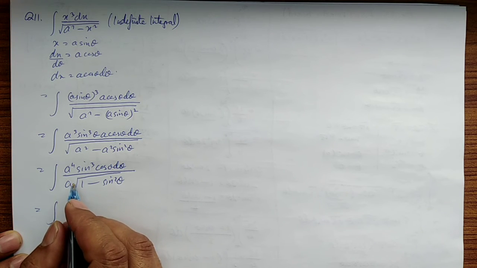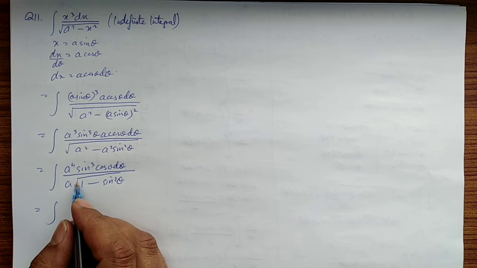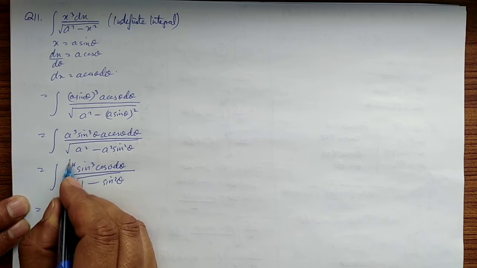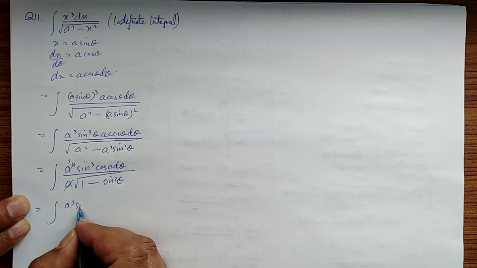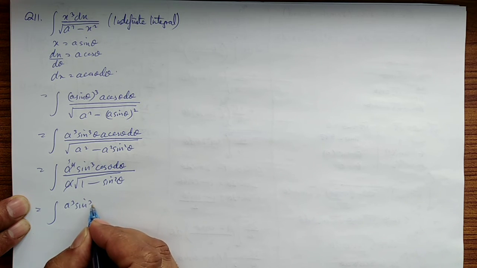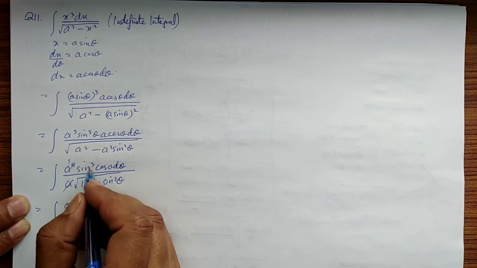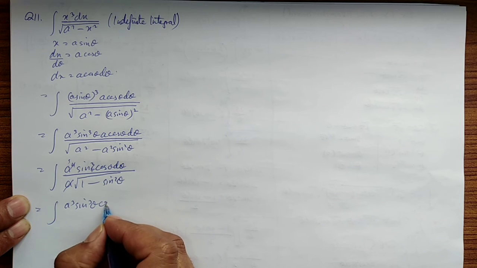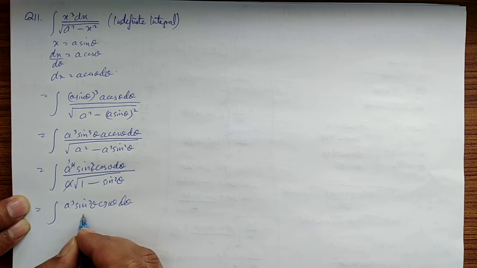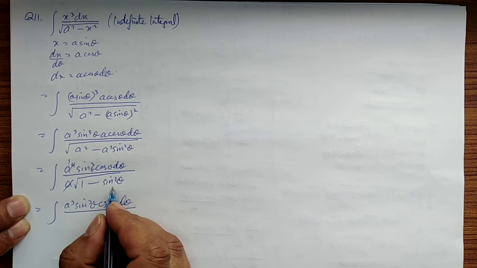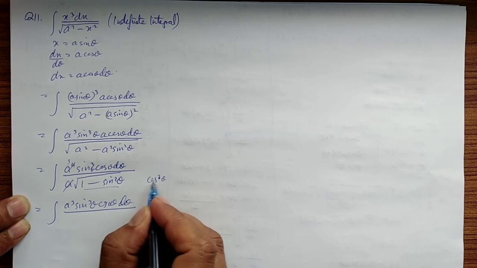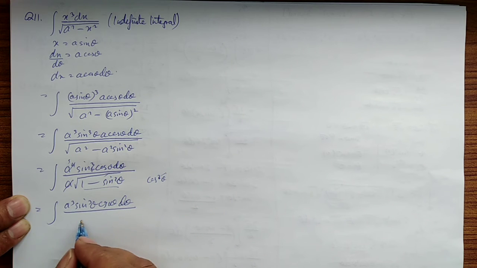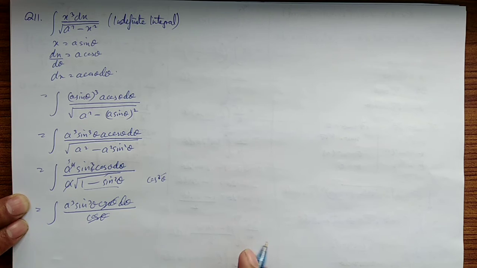So I can cancel this out, by cancelling this I can write a cube sine cube of theta cos theta d theta, whole divided by 1 minus sine square, that is cos square theta, and square and this square will cancel out. I will get cos theta here, cos theta and cos theta will cancel out.